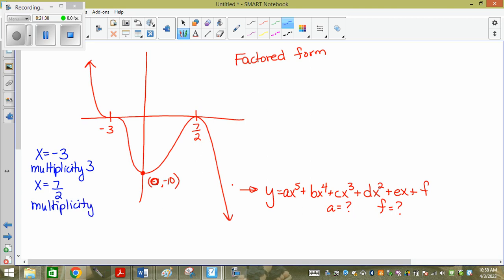Do you want to see what I see on a test every time? X plus 3 is one of the factors, and then x minus 7 over 2. This will never work. This will not ever be an answer. You have to remember to do 2 steps to work it back. I would bet that 95% of you have x minus 7 over 2 on your page right now.